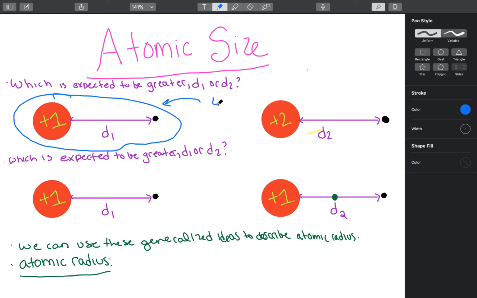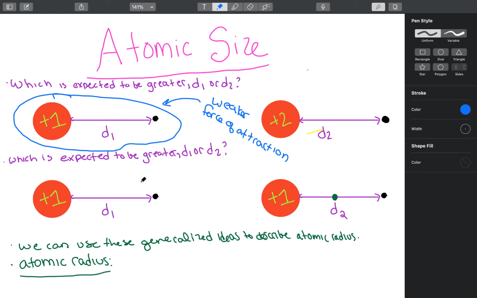So this nucleus is not pulling in the electron as strongly as this nucleus. And since this nucleus is not pulling in the electron as strongly, the electron can exist at greater distances.